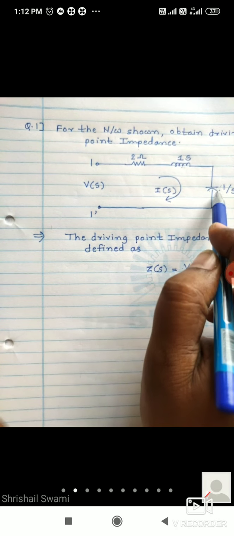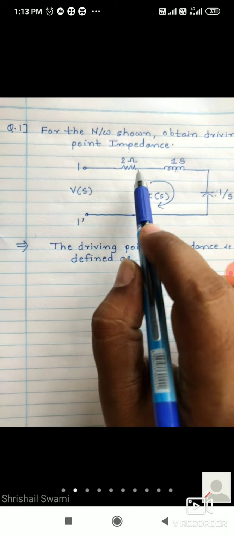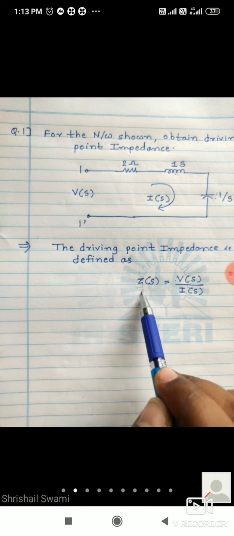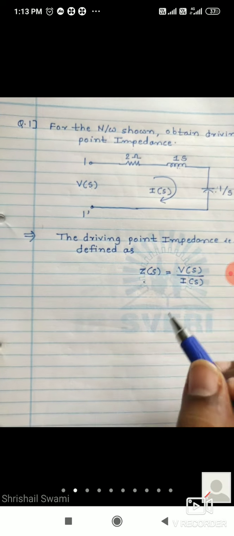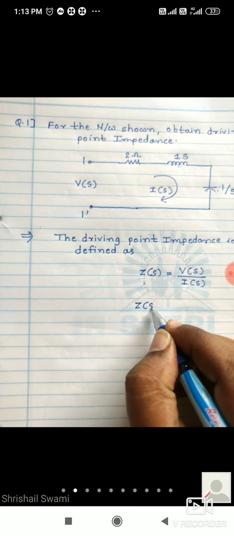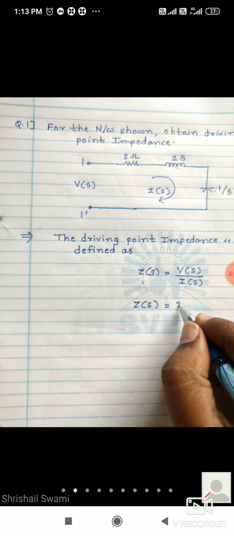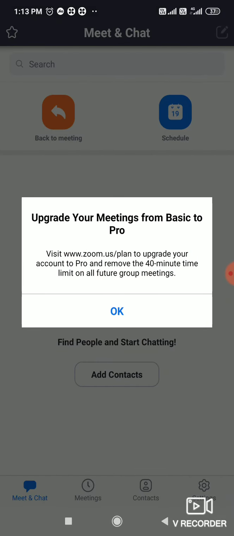Or, in the Laplace domain, all three are connected in series. So V of S divided by I of S means total driving point impedance. As all are connected in series, you can add them. Okay, so Z of S is equal to 2 plus S.